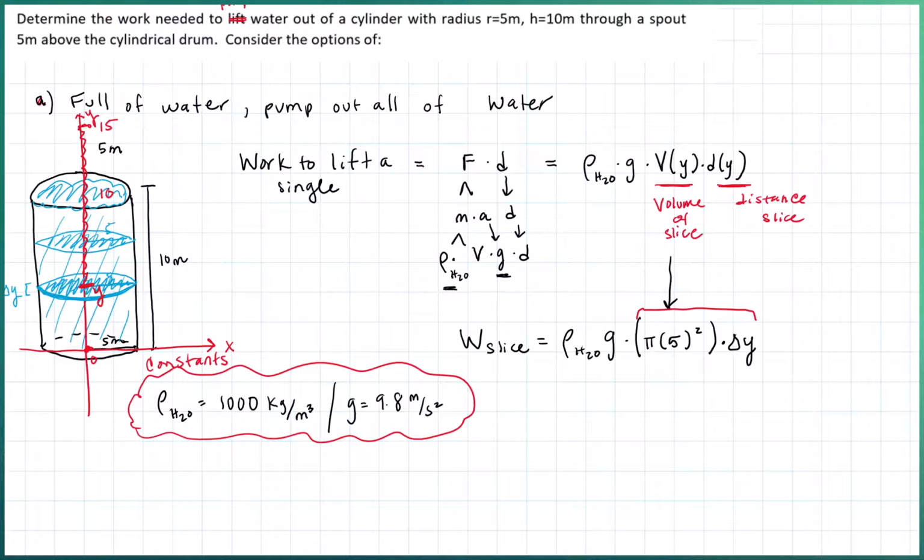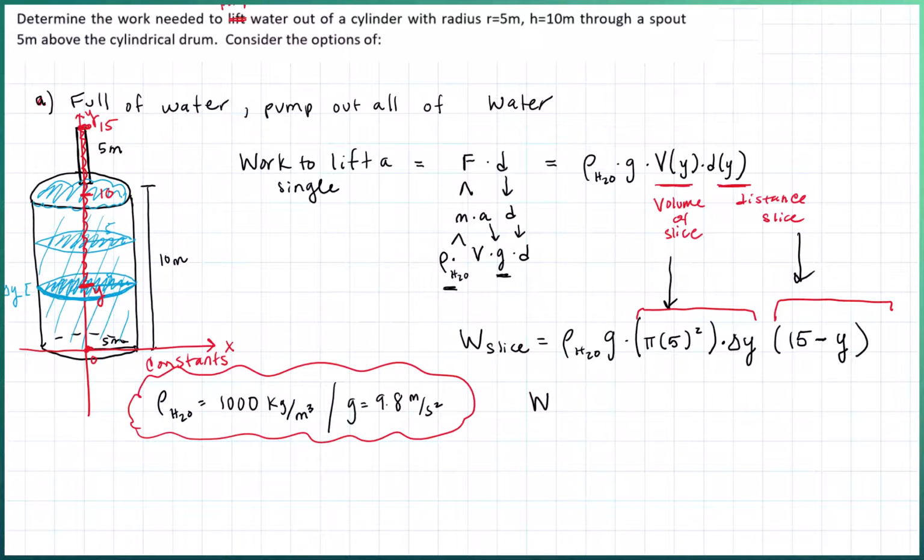So remember, because the spout was 5 meters above the top of the cylinder, we have to lift it not just from where it was at, but all the way up and out of the spout. And so what we end up getting for the distance of each slice has to be 15, because the top of the spout is at 15, minus where we took the slice, so minus y.